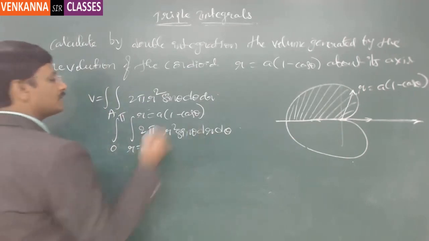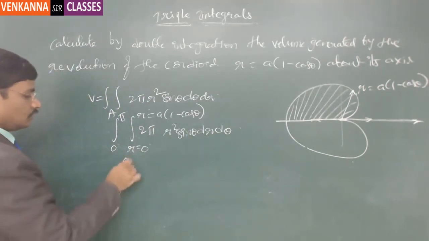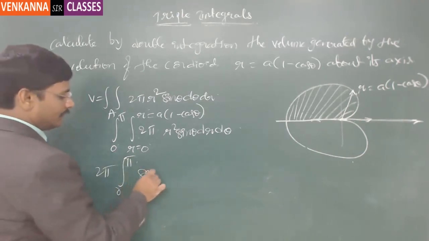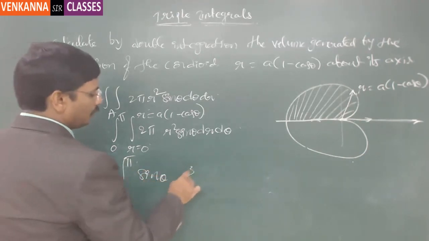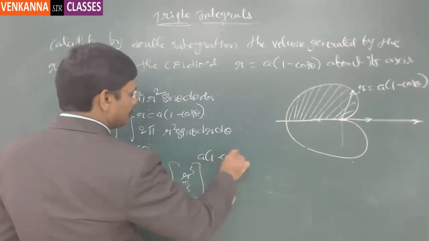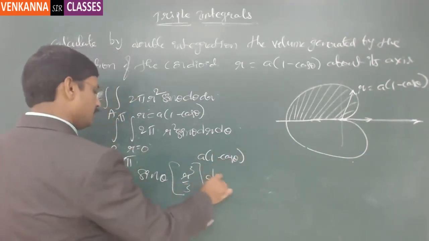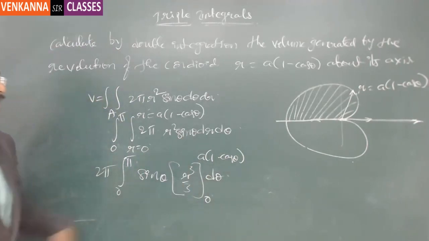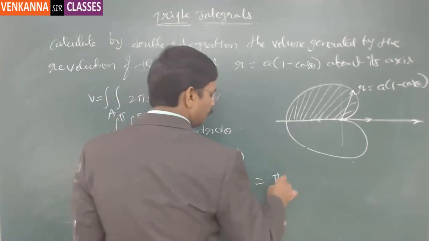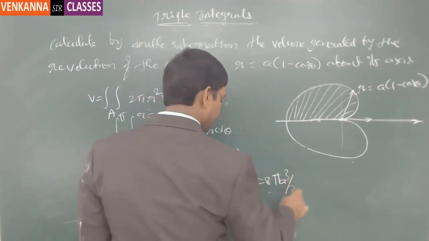To do the integration with respect to R first, integral 0 to pi, and 2 pi you can take out, then sin theta, then R cube by 3. Upper limit will be A into 1 minus cos theta and lower limit will be 0, and then do the integration with respect to theta once you substitute these limits. So you are going to get 8 pi a cube by 3.